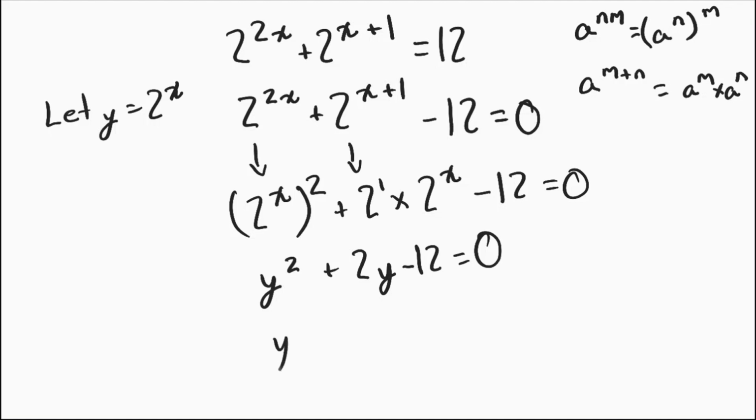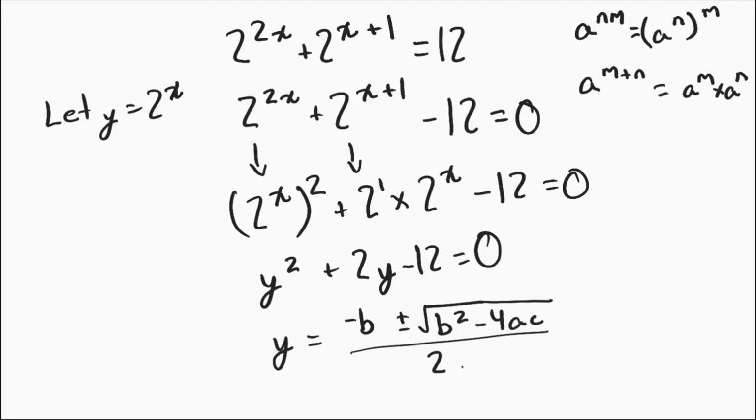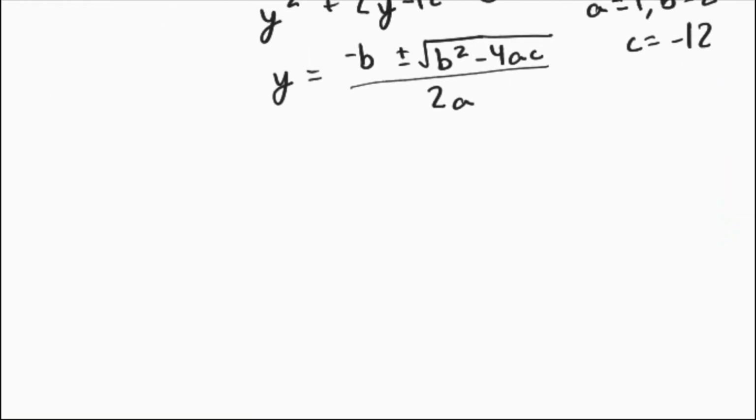The quadratic formula is y equals negative b plus or minus the square root of b squared minus 4ac, over 2a. In this case, a is equal to 1, b is equal to 2, and c is equal to negative 12. Now let's substitute the values in there.